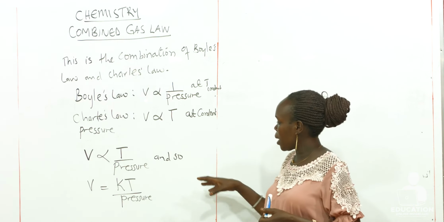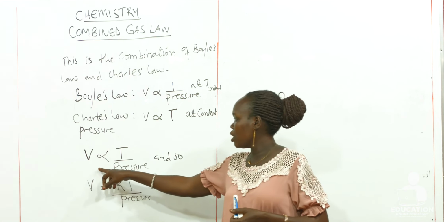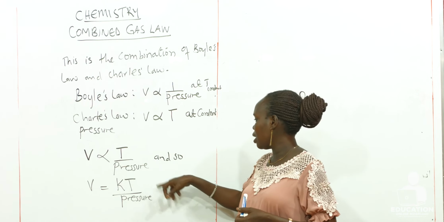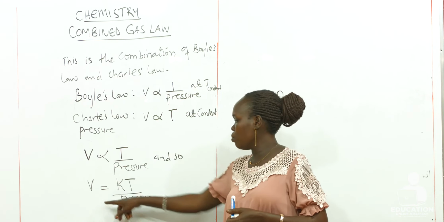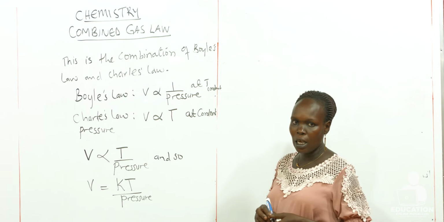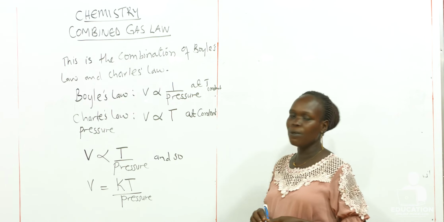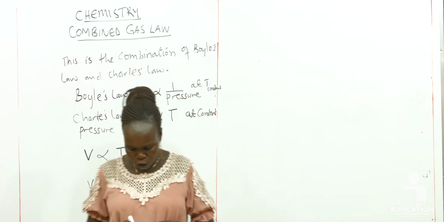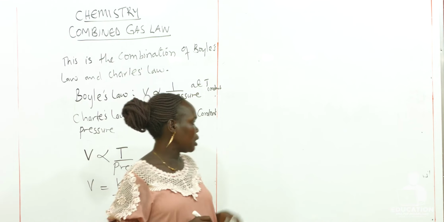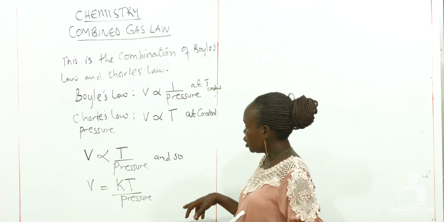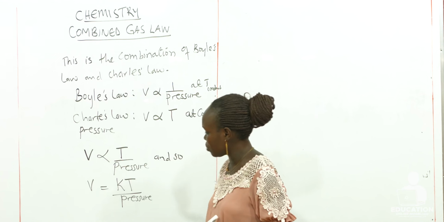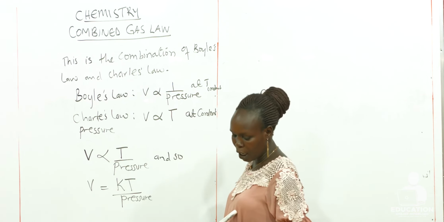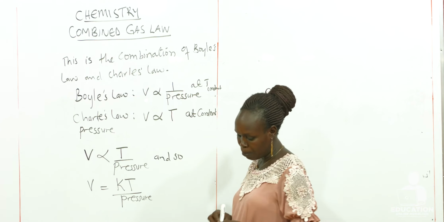Combining these two, V will be equal to the constant K multiplied by the temperature and divided by the pressure. Therefore, the pressure and the volume cross multiply, and it will be equal to the constant divided by the temperature.